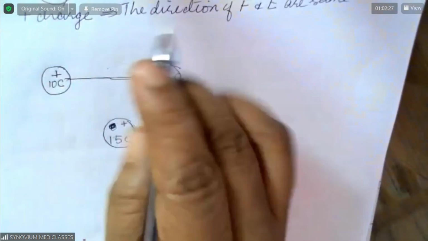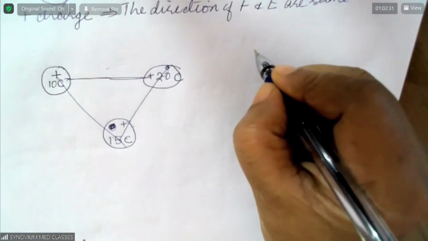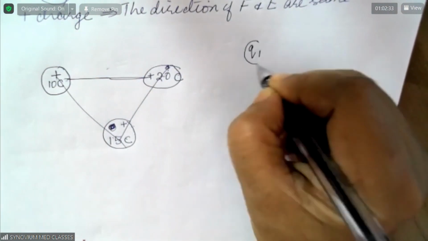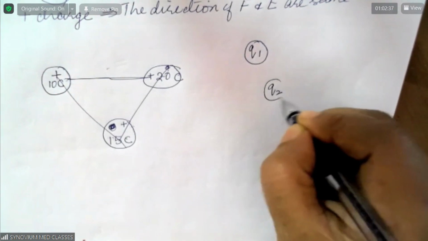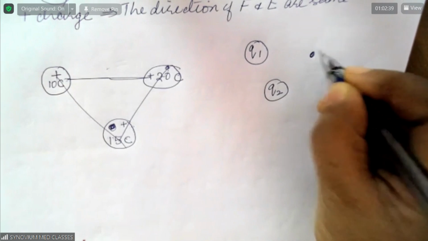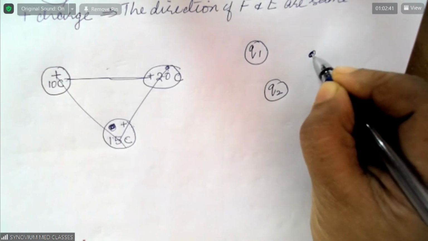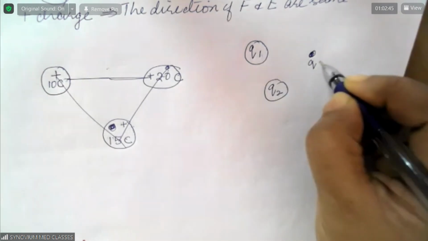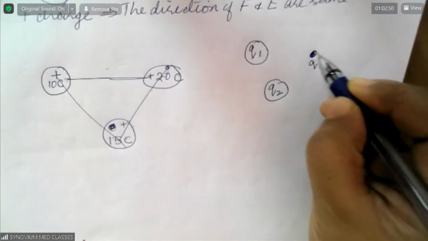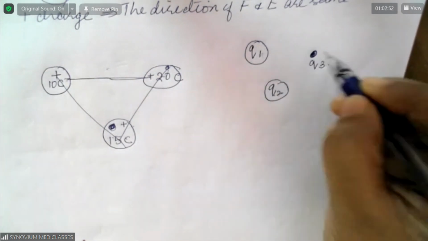Let this distance be, say, 2 meters. Now instead of giving you values, let me give you like this. Let this be Q1, let this be Q2, let this be the point, and let this be a charge Q3. What is the total force at this point due to these?